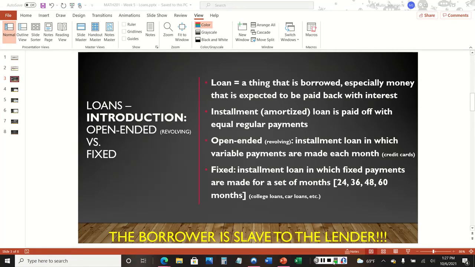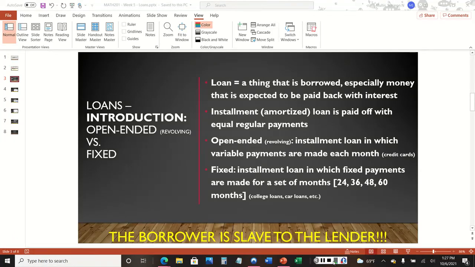So one month your payment can be $100, the next month it could be $200, the following month it could be $50, but there's not a fixed amount that you pay. It's just variable. Now, the fixed installment loan is a loan in which the amount is paid off in a set number of months. So it's more of a fixed amount.